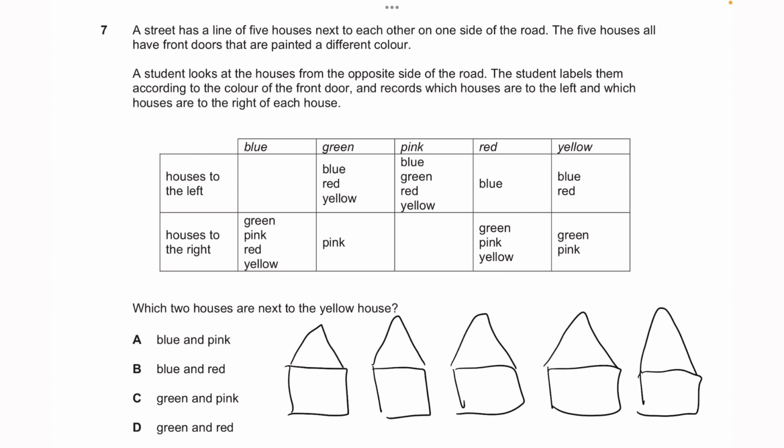Now what we need to do is identify the correct order of these houses, okay? And it's based on the color of the front door. Now, basically, what it means by houses to the left and houses to the right is that from, say, for example, the blue house, looking to the left, what other color houses are to the left of that house?